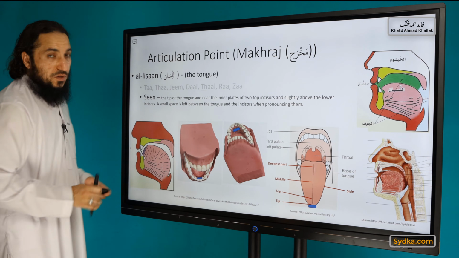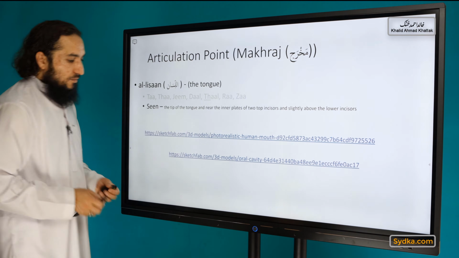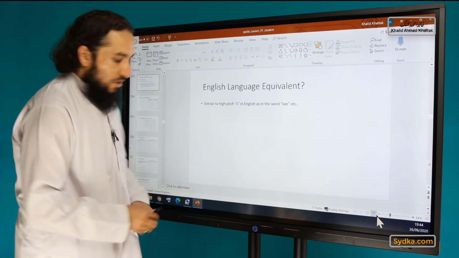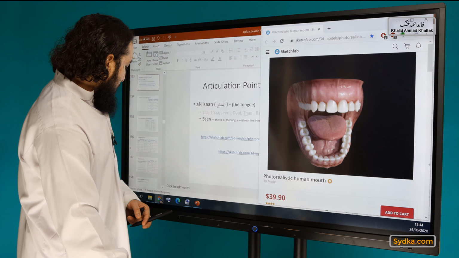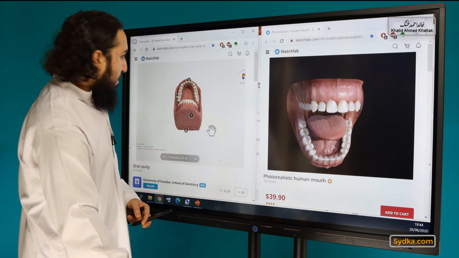And we're going back to the 3D model, so that will explain in great detail.